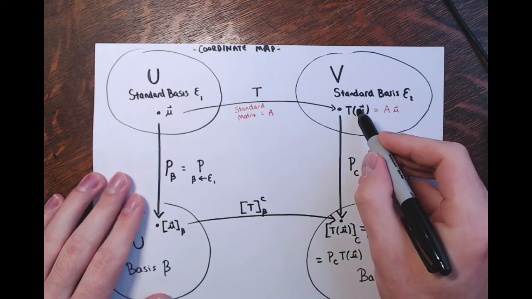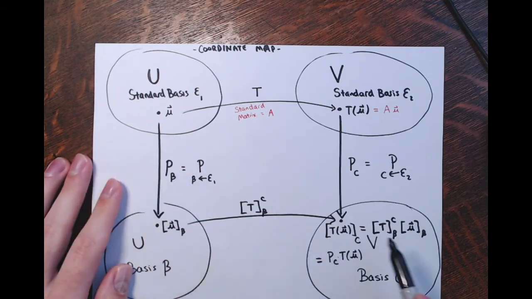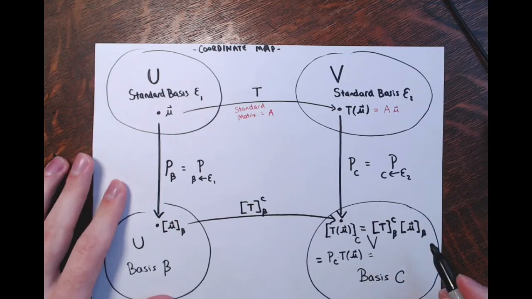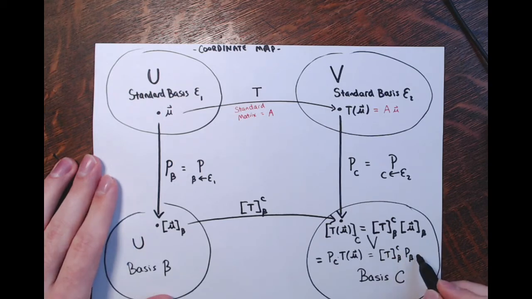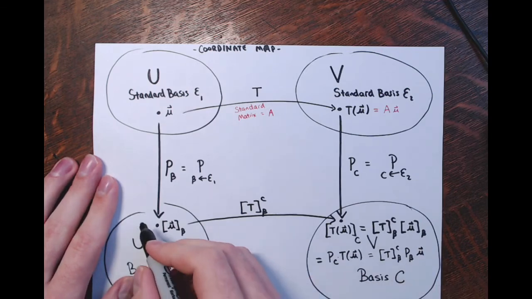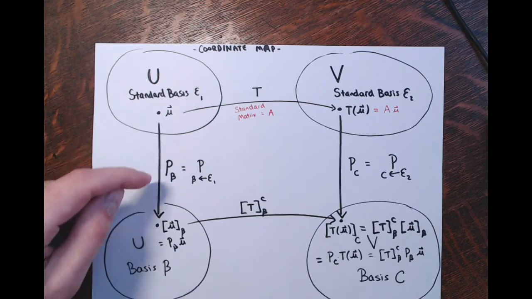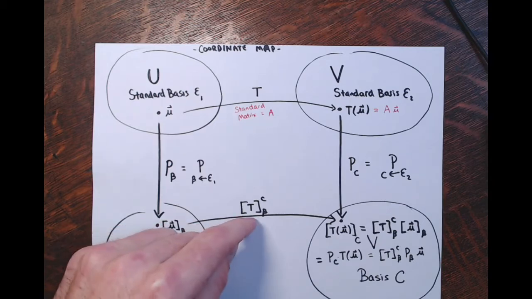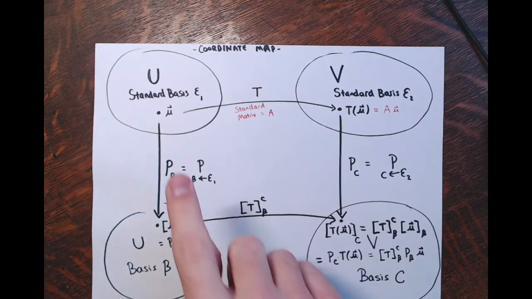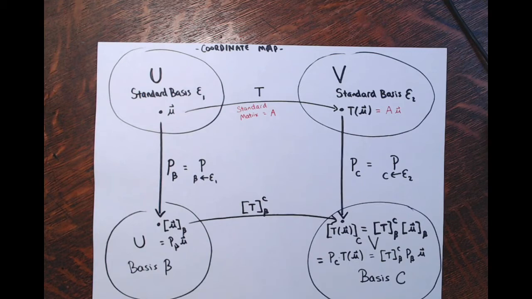All right, because I took T of U and multiplied it by this PC. Remember, the coordinates of U relative to B are just PB times U. All right, this is equal to PB times U. Taking U, multiplying by PB, then taking the coordinates of U relative to B, multiplying it by the matrix representation, or taking U, multiplying it by the standard matrix A, and then multiplying by PC.